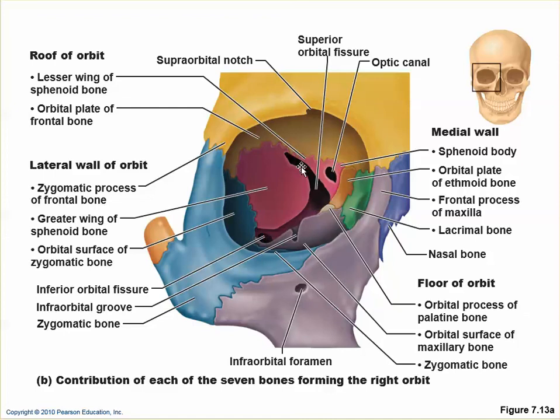This is where the passageways for the optic nerve and blood vessels pass through. So there's fissures and grooves and canals and things. So 7 bones: ethmoid, lacrimal, maxilla, zygomatic, frontal, and sphenoid.